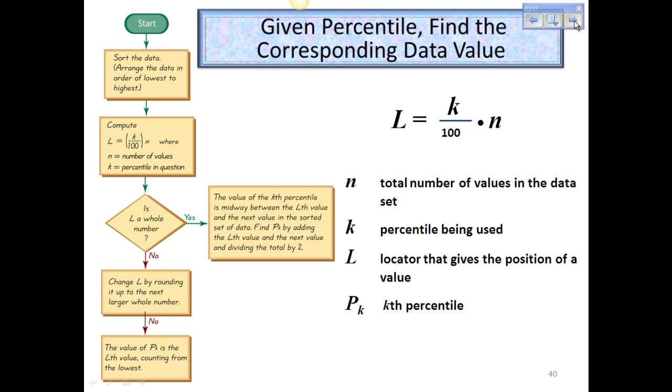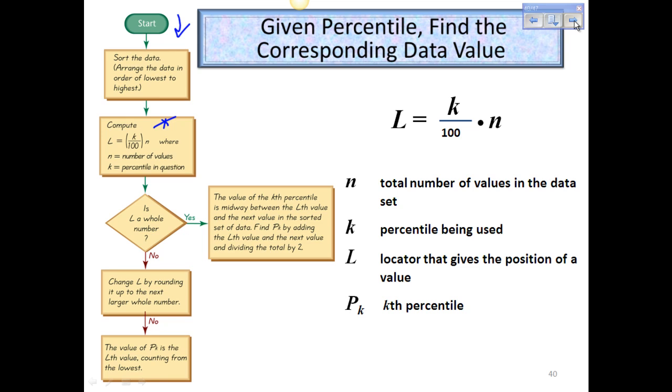So, first step is to follow this flow chart: sort the data, lowest to highest, and then compute your locator value. That's very important. And it's going to be k, where k is the percentile being used, divided by 100, and multiply by n, where n is the number of values.